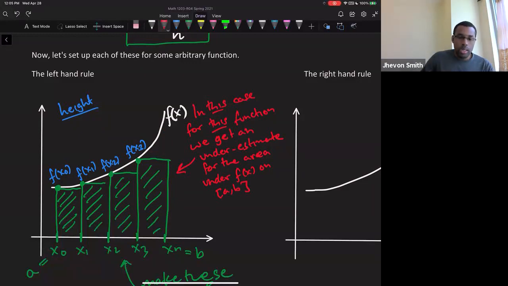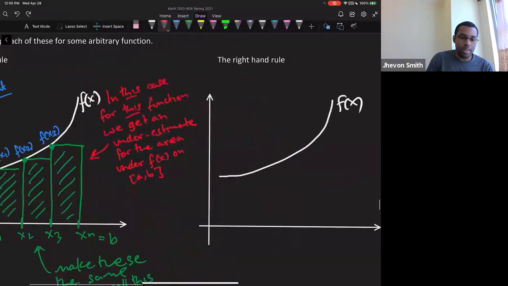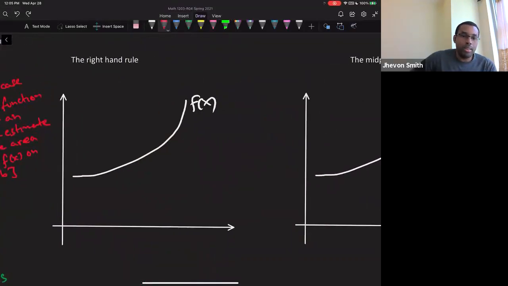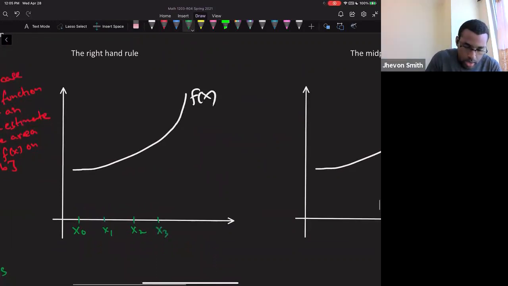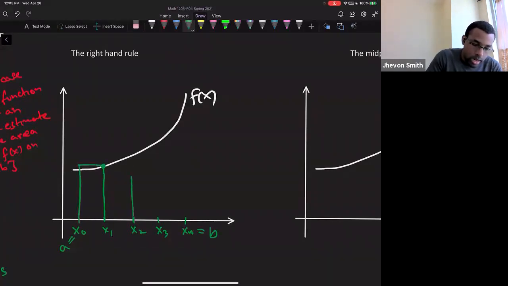Now, in a similar way, we can have the right side determine the height. So here is my x0, x1, x2, x3, xn, which is the 4, that's your A, that's your B. I can make the right side touch it, and that determines the height.